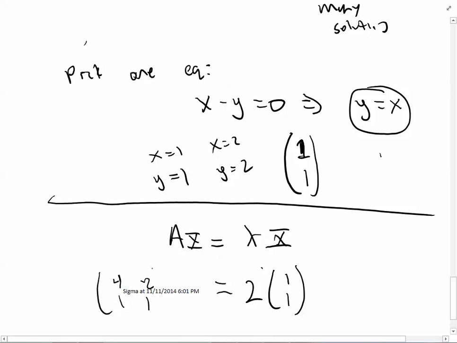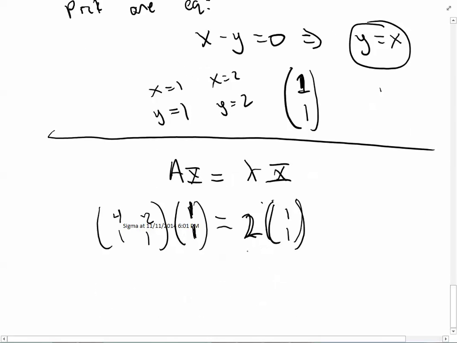If I'm at the point 1, 1, the slope at that point is going to be double whatever my vector is. So if I plug in the vector 1, 1, then the output is going to be double my 1, 1 vector. And also notice that I told you earlier that this vector here has the initial point 1, 1. So we've in fact satisfied it.